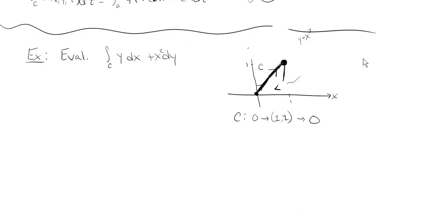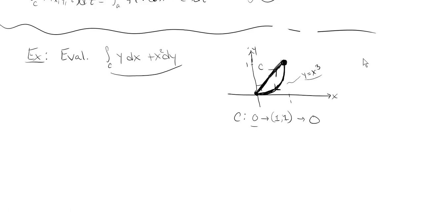Let me redraw my picture that I accidentally destroyed. Okay, so let's evaluate this line integral over this curve C that starts at the origin, goes to 1, 1 along the curve y equals x, and then goes back down to 0 along the cubic.